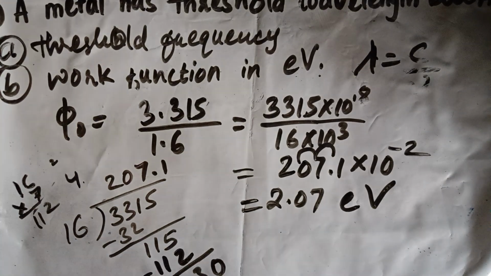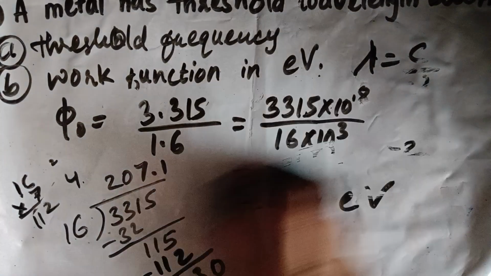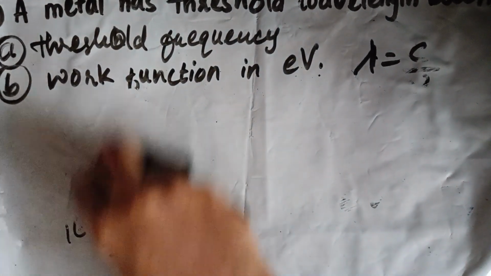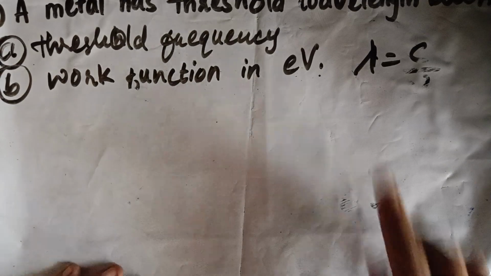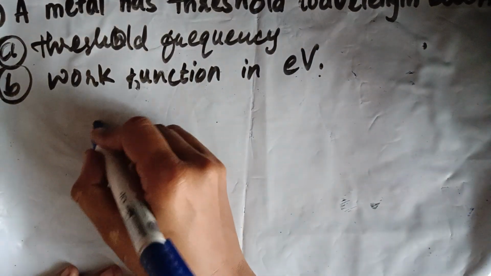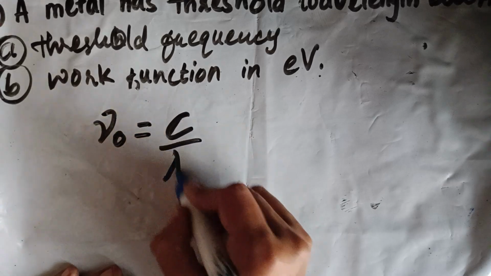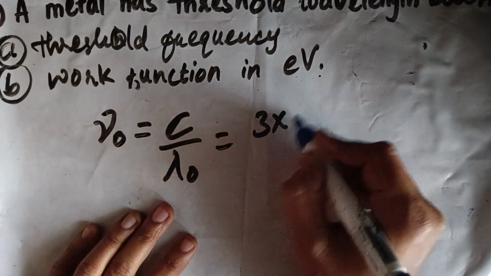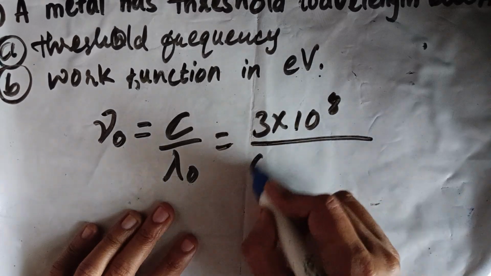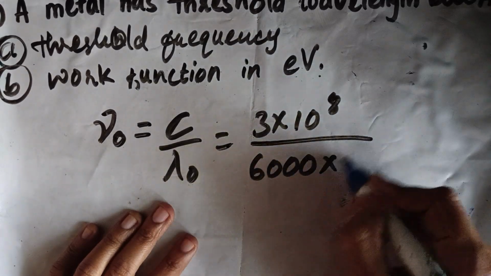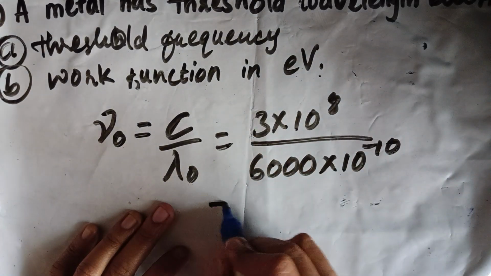This is our work function, and now we have to find the threshold frequency. To find it, you have to make use of c upon lambda naught. c is 3 into 10 raised to 8 and this was 6000 into 10 raised to minus 10.